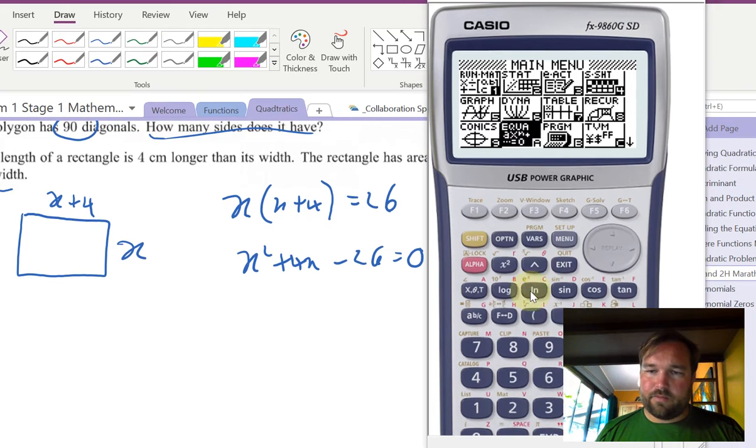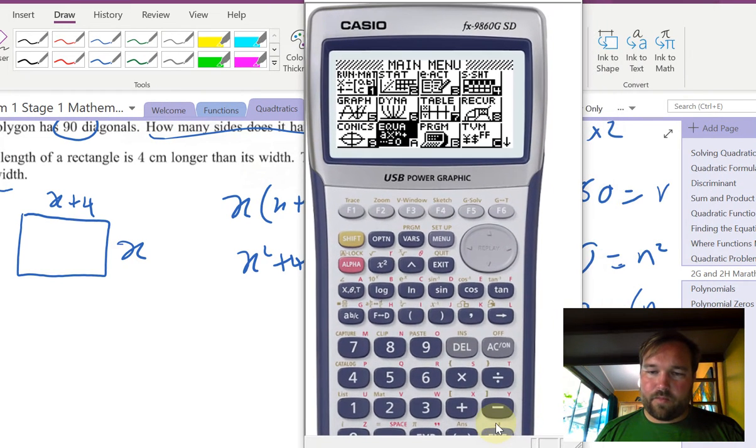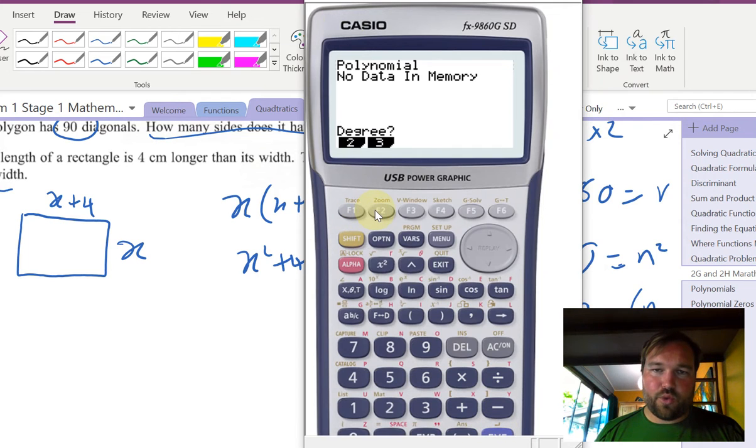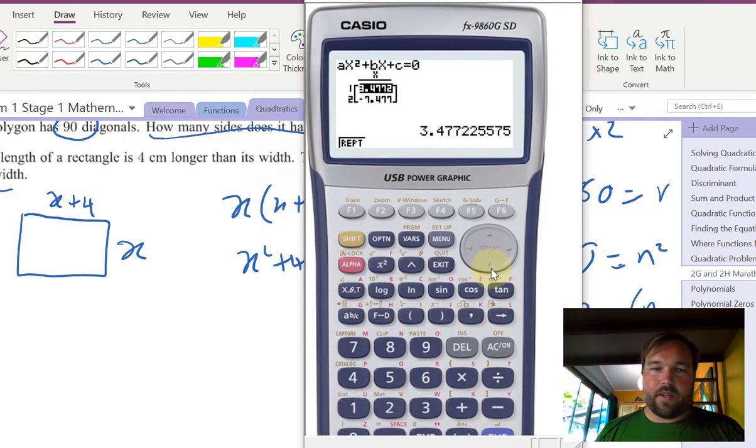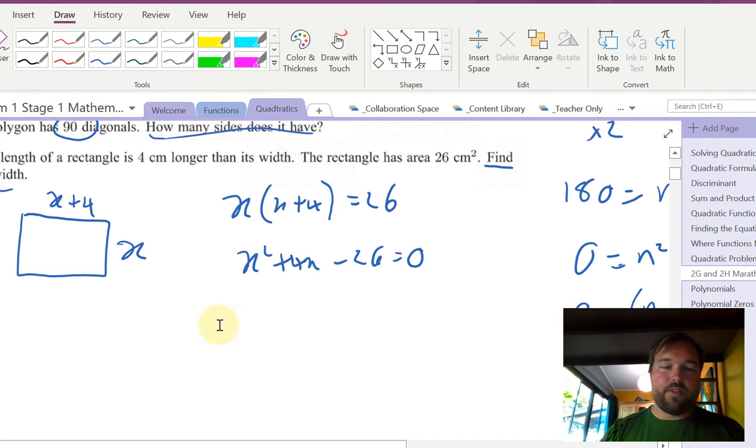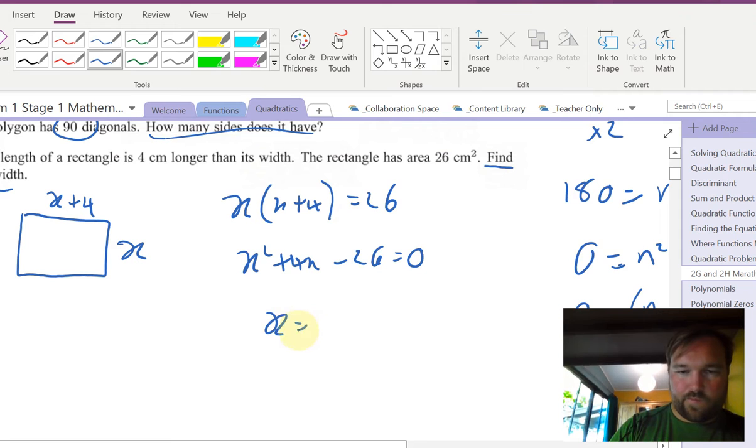Execute, degree 2. 1, 4, negative 26. All right. Side can't be negative, but 3.4722 centimeters, because the original is in centimeters.